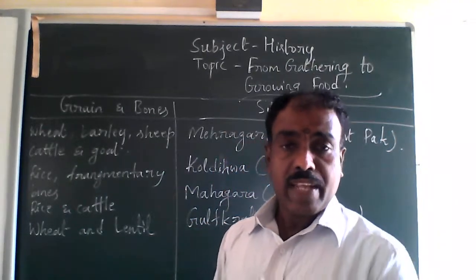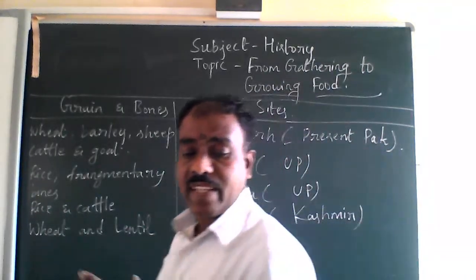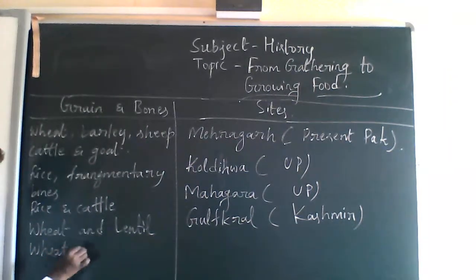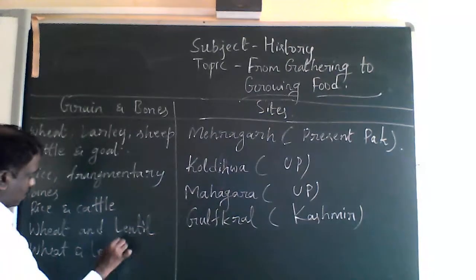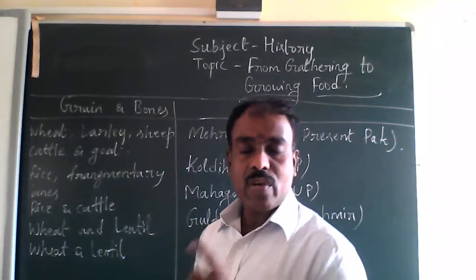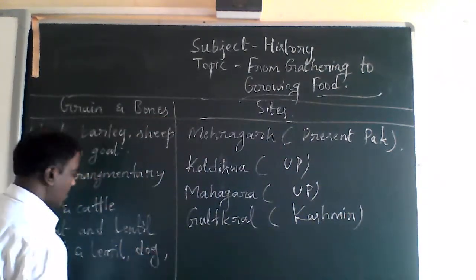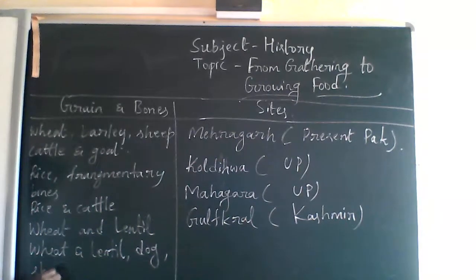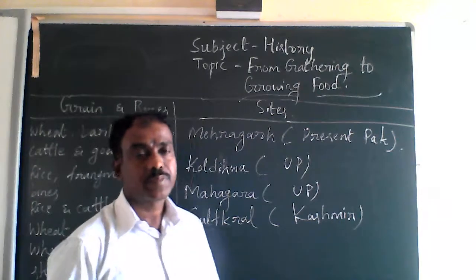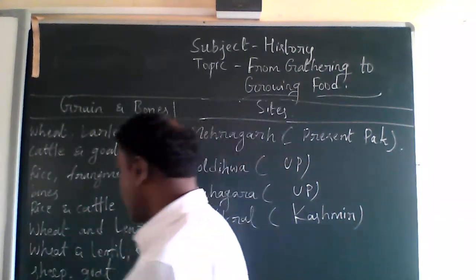The next site is Burzahom, where wheat and lentil were found, and also dog, sheep, goat, and even cattle and buffalo.